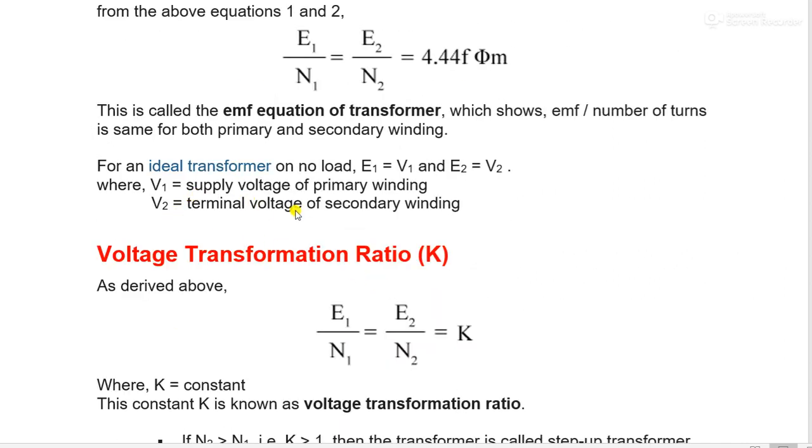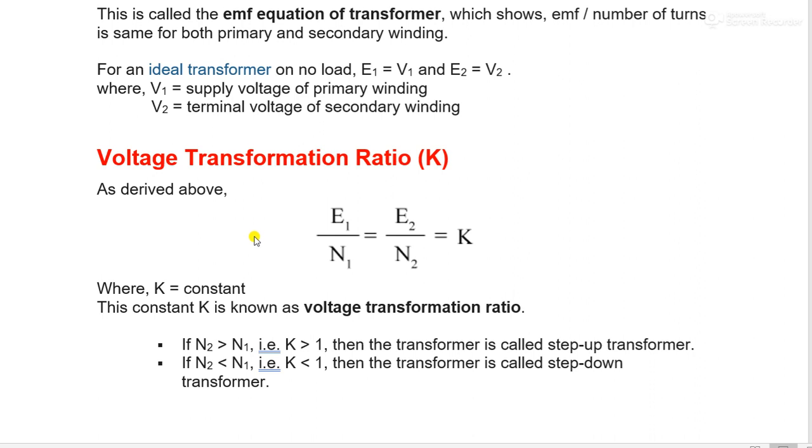For an ideal transformer with no load, E1 is equal to V1 and E2 is equal to V2. That means EMF across primary equals the primary voltage, and EMF across secondary equals the secondary voltage, where V1 is the supply voltage of the primary and V2 is the terminal voltage of the secondary.